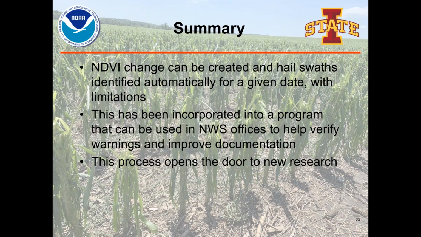But in its early stages right now, you can use that information of knowing where those hail swaths are to go down the list of calling storm spotters or emergency managers or whoever else in the area to try to add more LSRs to help you verify those warnings.